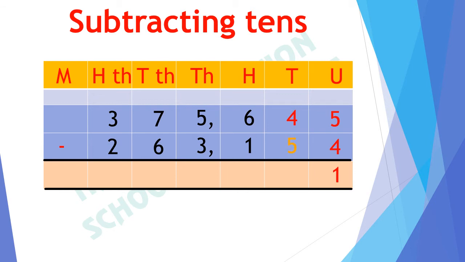We have to take away 5 tens out of 4 tens. As we cannot take away 5 tens out of 4 tens, we borrow from hundreds. And here we are left with 500s. Now we can easily subtract 5 tens out of 14 tens. Here we are left with 9 tens.